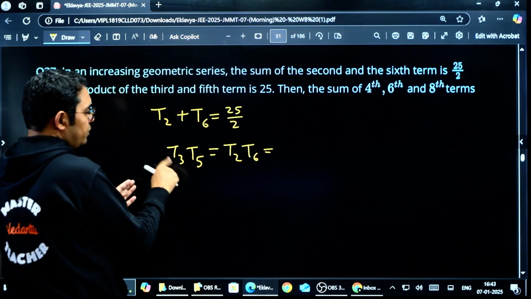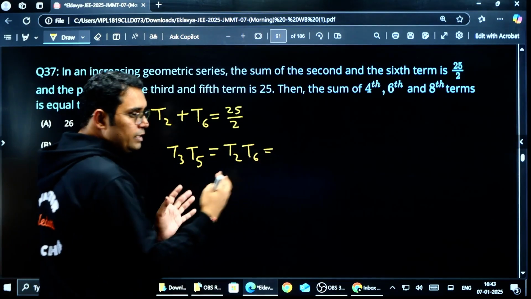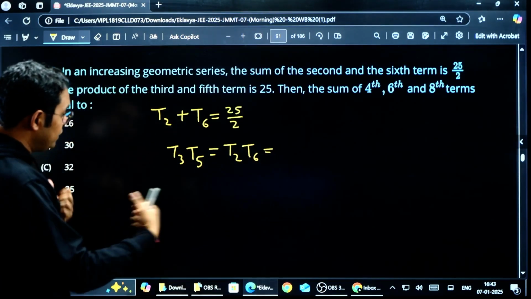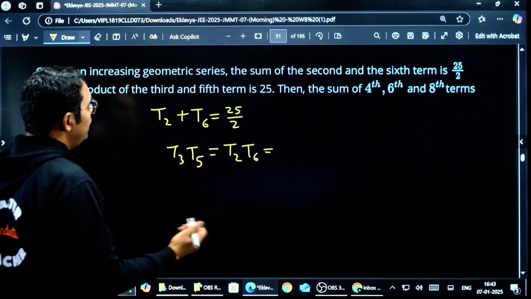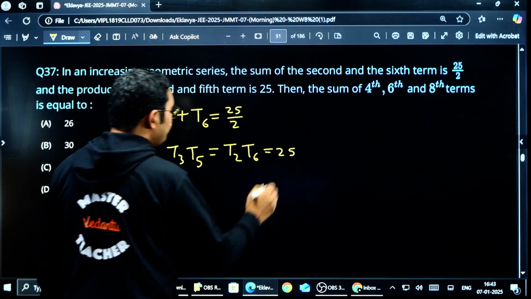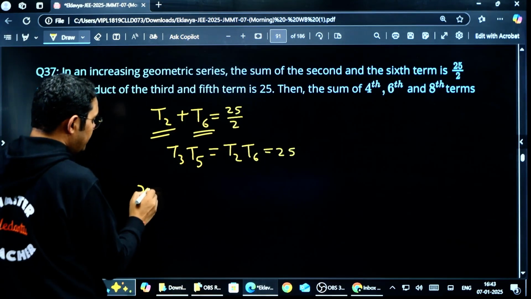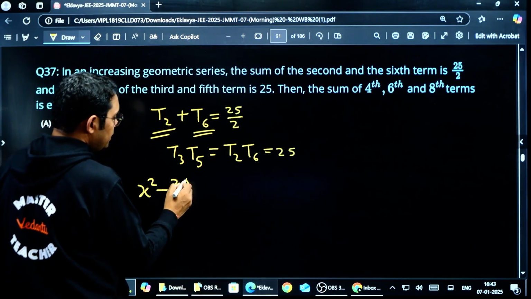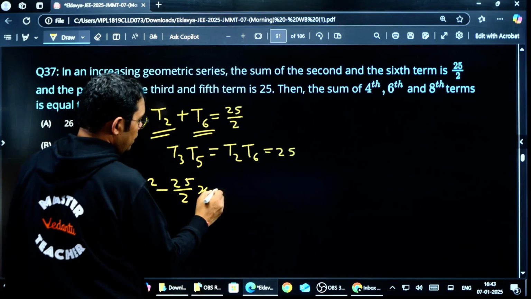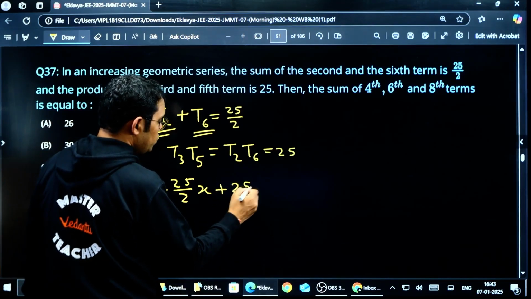Okay, because from third to second and fifth to sixth, you can say same difference towards both ends. So their product will be same, and that is equal to 25. So to find the second term and sixth term, I think I can make a quadratic like this: x square minus sum of roots plus product of roots equal to 0.